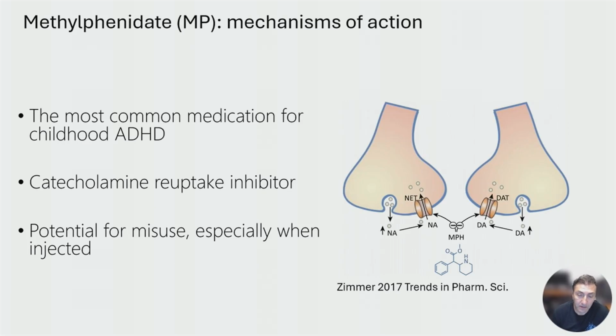Why methylphenidate? Because methylphenidate is a catecholamine reuptake inhibitor, so it blocks the uptake of the dopamine neurotransmitter, which increases the synaptic density of the transmitter. So postsynaptic dopamine receptors receive more activation, and the impact of the dopamine neurotransmitters increases.